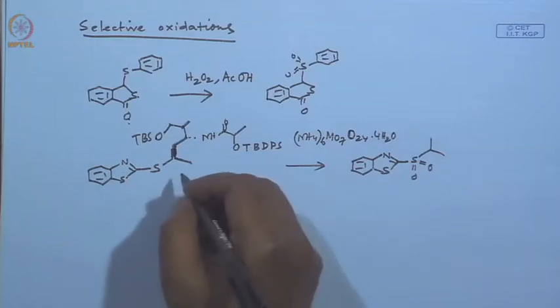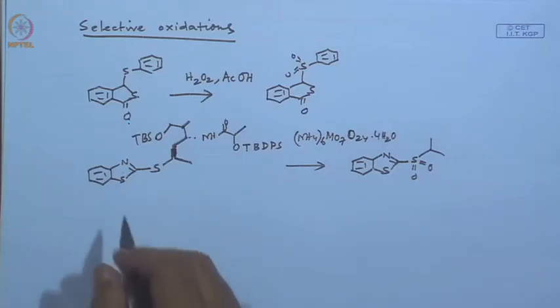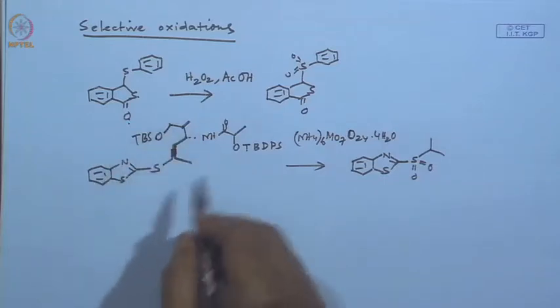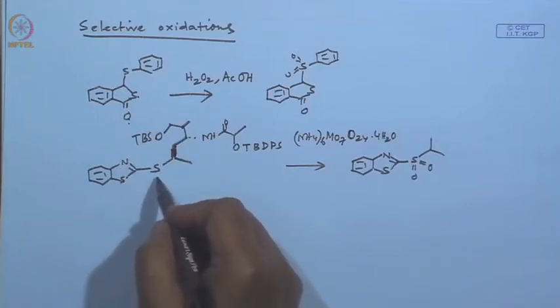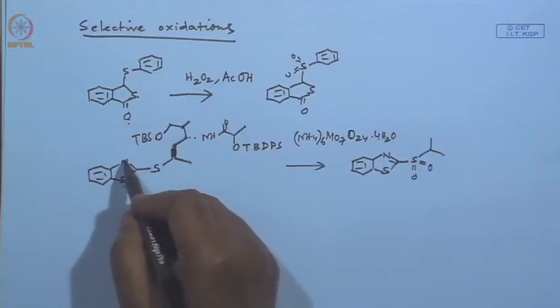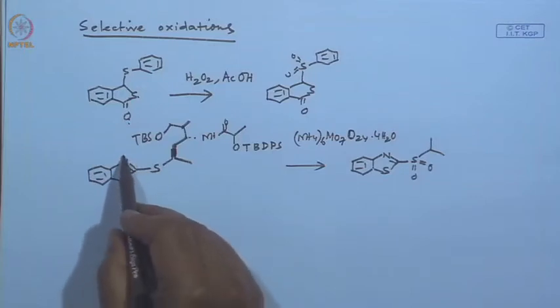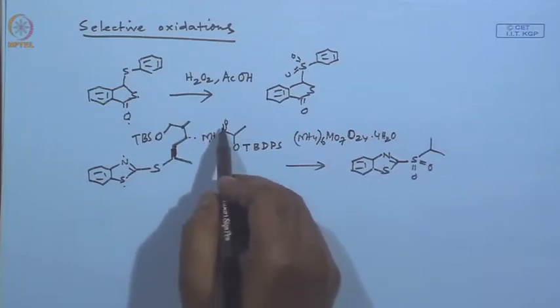But for us, what you have to learn is that it's very selective. What you see here, you have all kinds of sulfur, nitrogen, ring, all these things. You have a thiazole ring, it is not destroyed. You have two different kinds of nitrogen, a thiazole nitrogen and an amide nitrogen. For the amide nitrogen, as is obvious, the lone pair is delocalized towards oxygen, so it is not available.